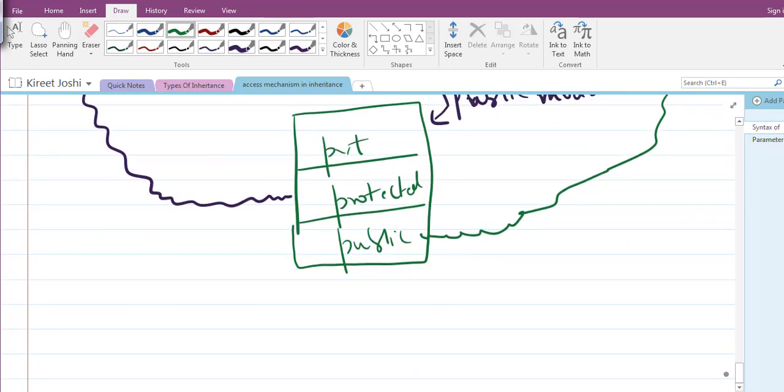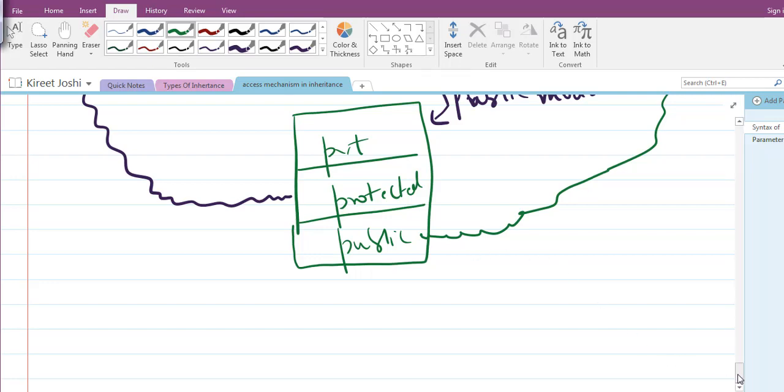So this is the visibility mode, or the access mechanism: how the derived class is seeing the members of its existing class in these different modes. Here you can see the comparison. In private mode, protected and public both become private. In protected mode, protected and public both become protected, and in public mode, protected stays protected and public stays public in the derived class.